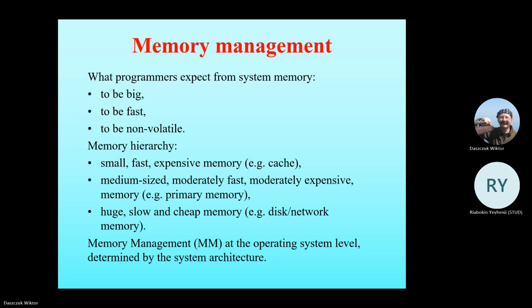Why not arrange an enormous set of registers? For example, 100,000 registers without cache, without primary memory, or with small use of primary memory. Because the speed of access is proportional to the cost.